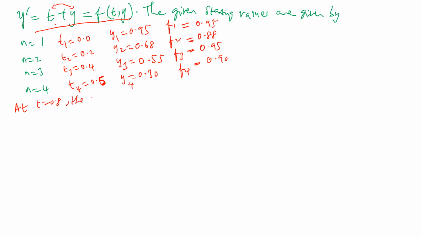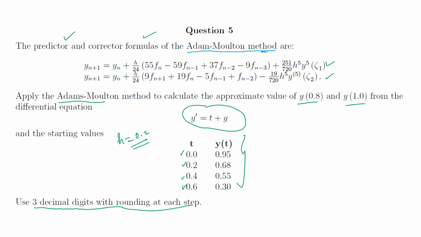I know this is popular, but we're just reinforcing our understanding of this. The predictor is the top formula, so you have them in that order. Predictor first and then the corrector.